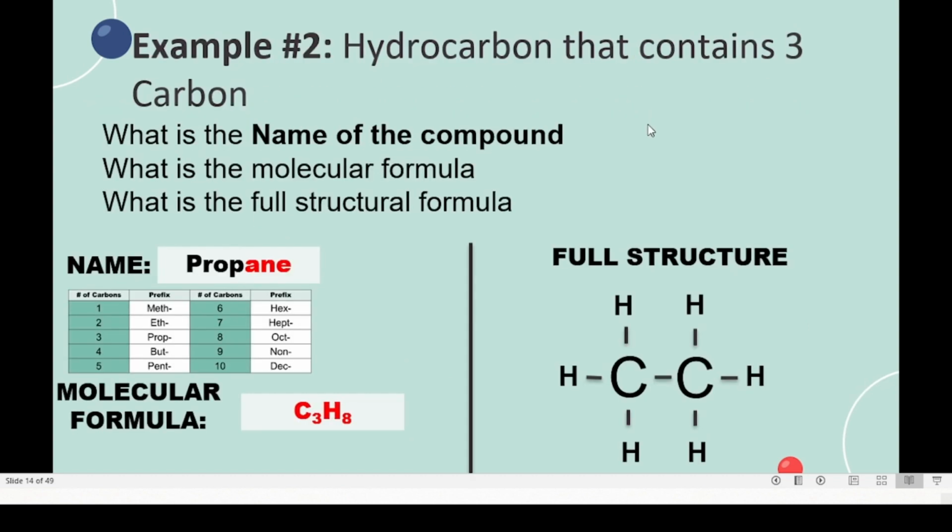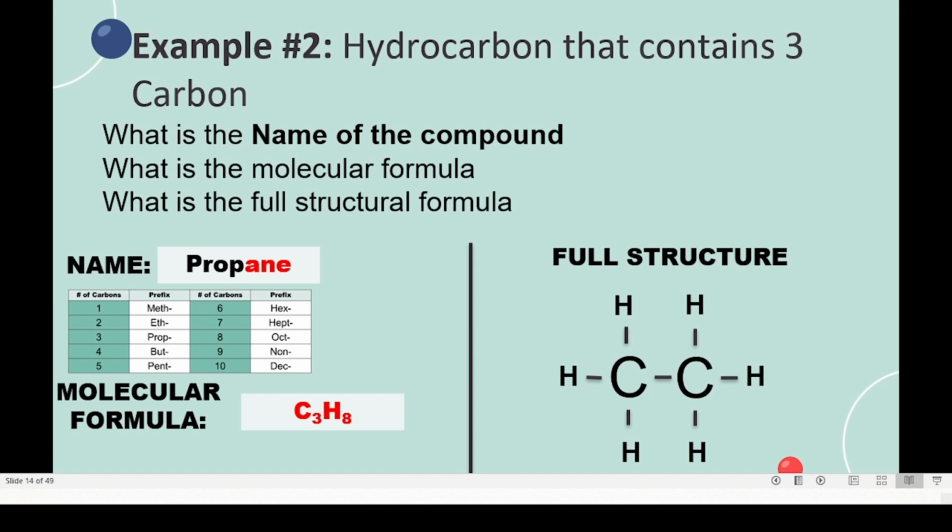Now, let's have another example. The example here is a compound that contains 3 carbons. Okay, example number 2.